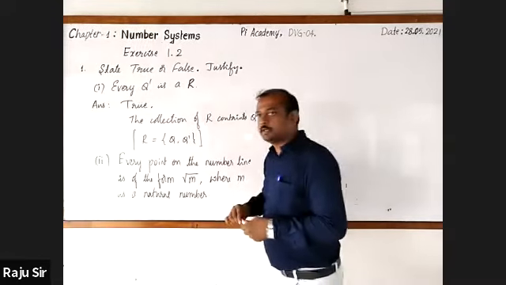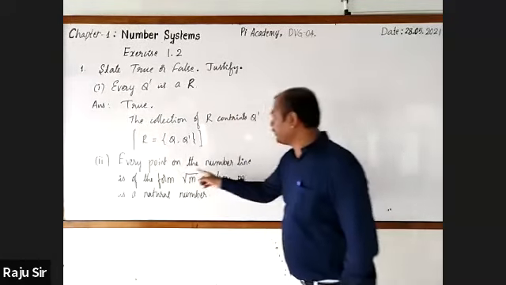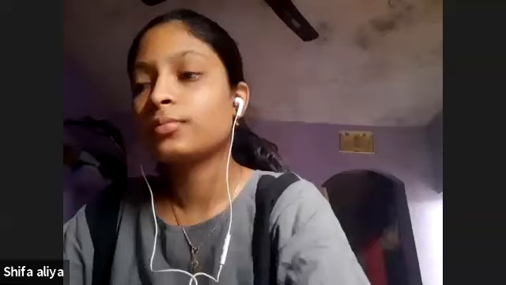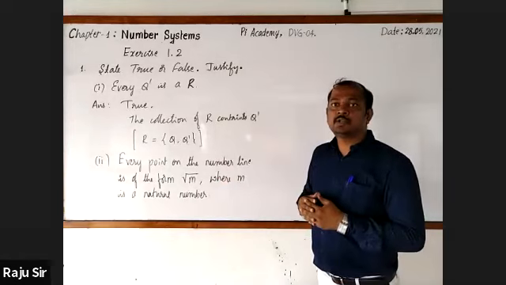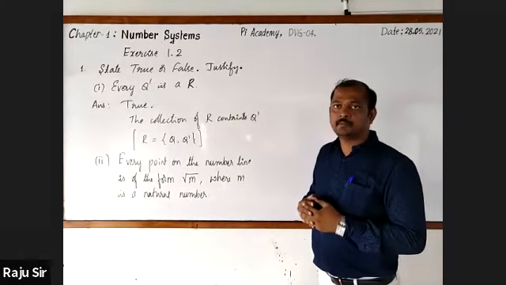Go through the statement. Every point on the number line is of the form root m, where m is a natural number. Is it possible? False, sir. Why is it false?